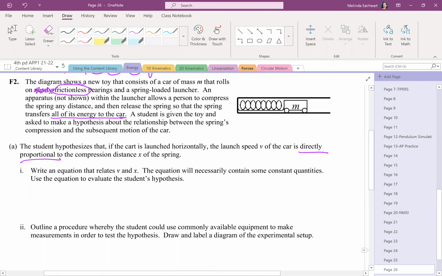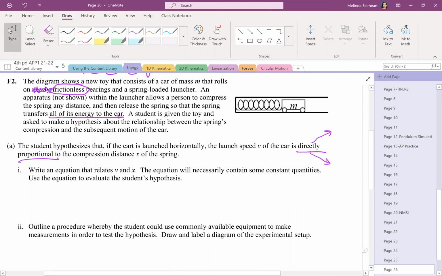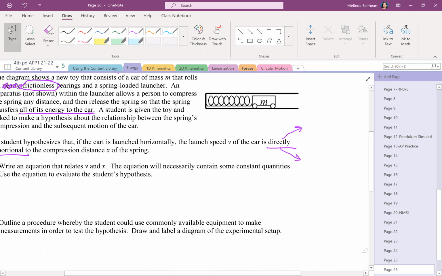Well, first of all, we need to know what directly proportional means. It actually means two things. What do y'all know about directly proportional? If any two terms are directly proportional, it means, say it louder, it's a straight linear line. So your graph would be a straight linear, constant slope, right?